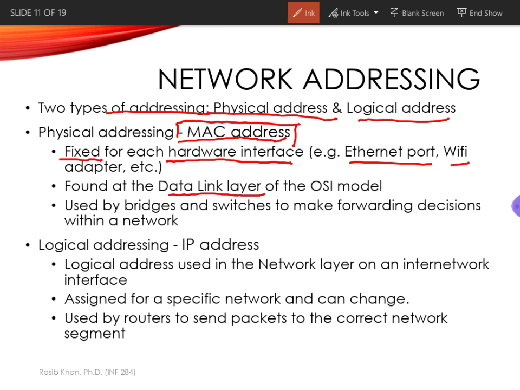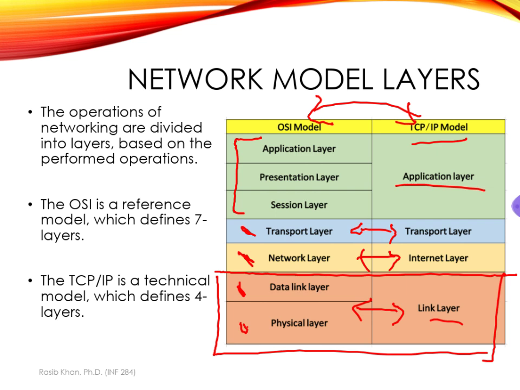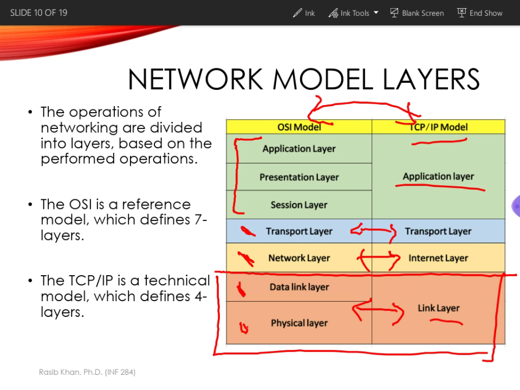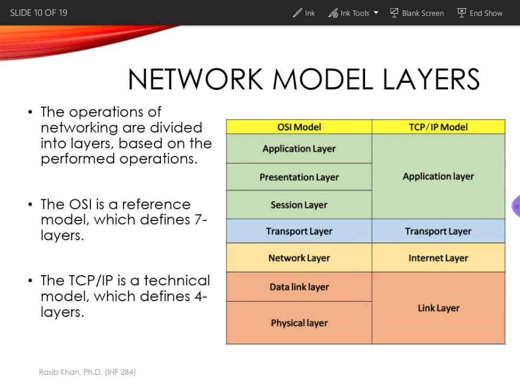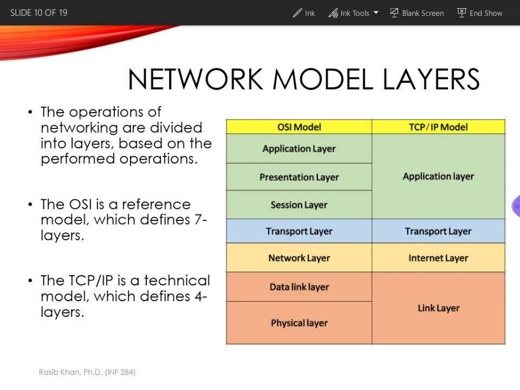The MAC address is used in the data link layer of the OSI model. So if we just go back to the previous slide, the data link layer is right here, and this is where we use the MAC address.